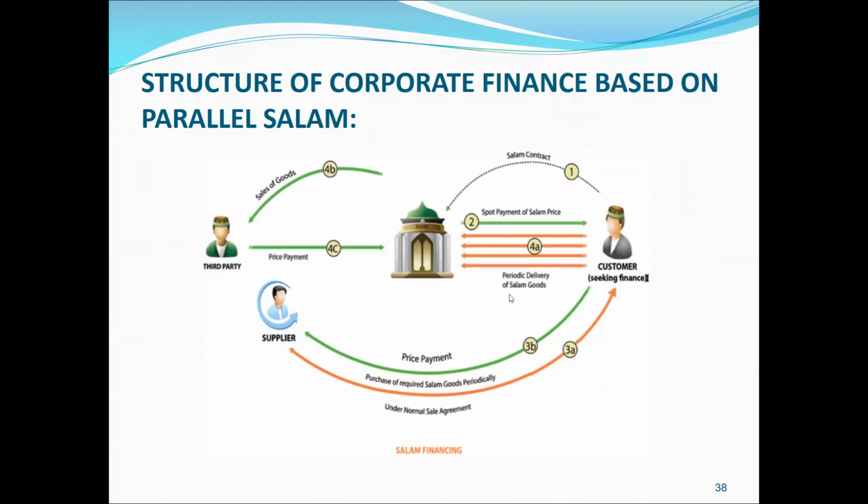So the customer pays the supplier of the cars, receives the goods, these cars, and transfers them to the Islamic bank, and the Islamic bank makes the sale of the goods to the third party and receives the payment for that product. So here we can understand that the Islamic bank plays like a middleman, but with one condition: having full possession of the goods that are being traded.